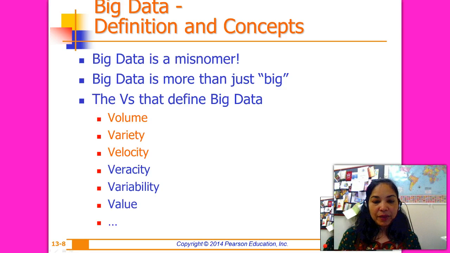Variety means data in all types of formats: email, video, audio, text, XML, etc. Velocity means how fast the data is produced and how fast the data must be processed. Veracity refers to the accuracy, quality, truthfulness and trustworthiness of the data. Variability refers to the high inconsistencies of data flows with periodic peaks.